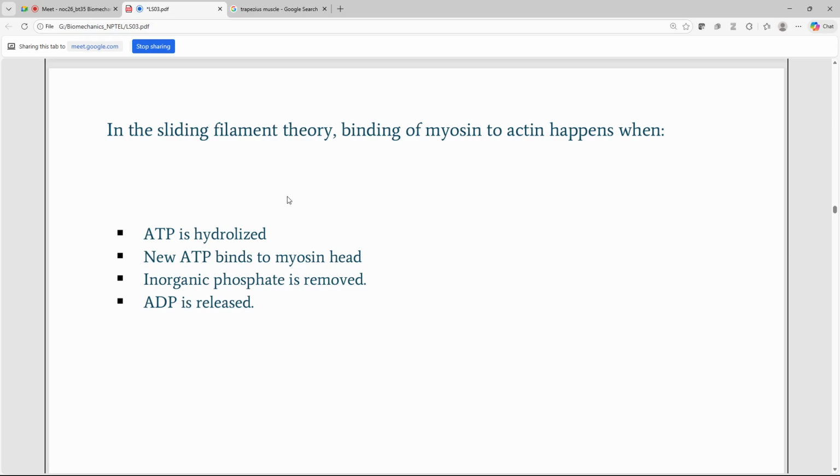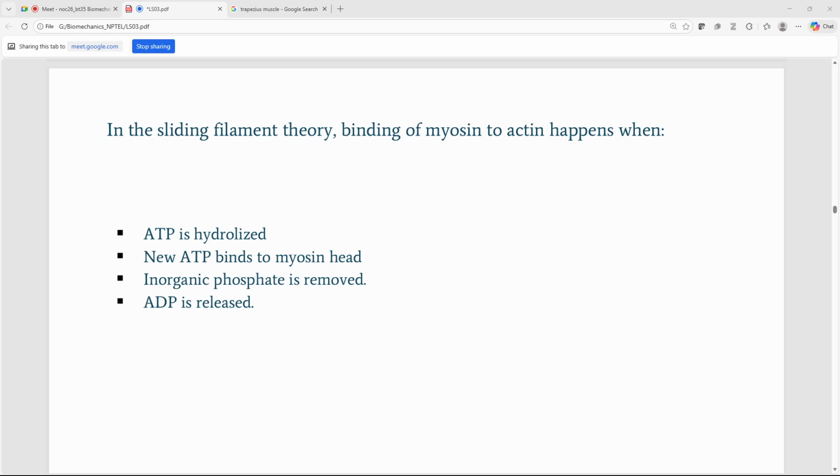Next question. In the sliding filament theory, the binding of myosin to actin happens when ATP is hydrolyzed, new ATP binds to the myosin head, inorganic phosphate is removed, or ADP is released. So which one is right?